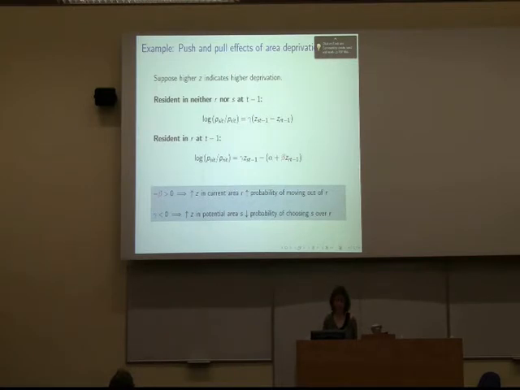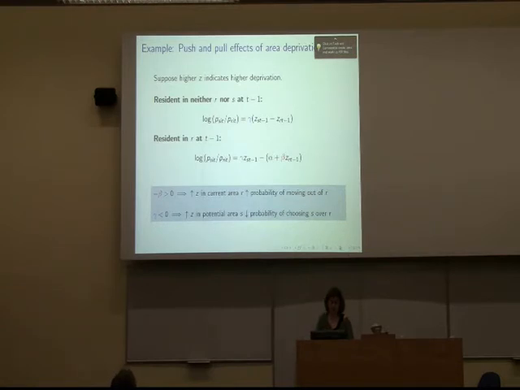So this minus beta is what we call the push effect. Whereas gamma, because higher deprivation is indicated by higher values of Z, we would expect to be less than 0. In other words, higher deprivation in a potential area would decrease the probability of that area being chosen versus remaining in the current area R.